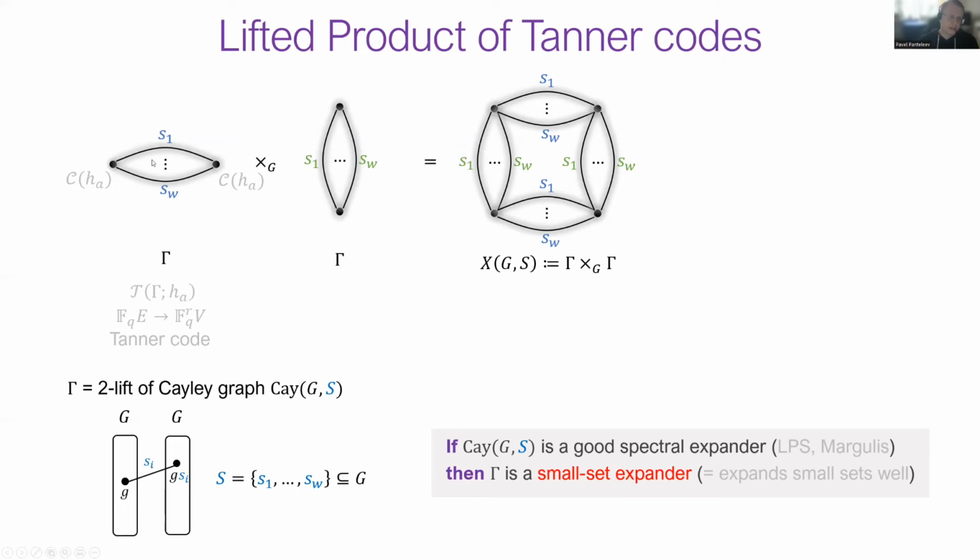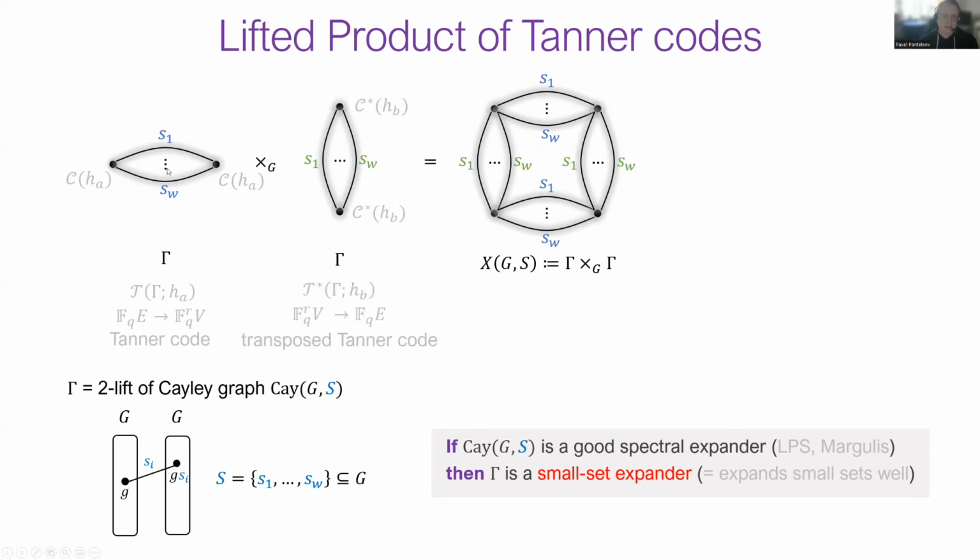A Tanner code is just a code defined on a graph where our bits sit on edges, and for each vertex we have a local constraint, a local code, and we assign these local codes and obtain a Tanner code.